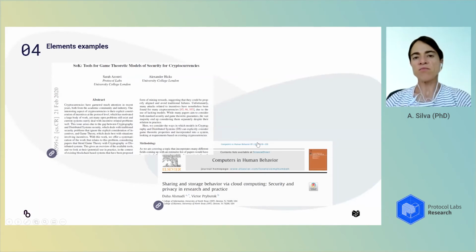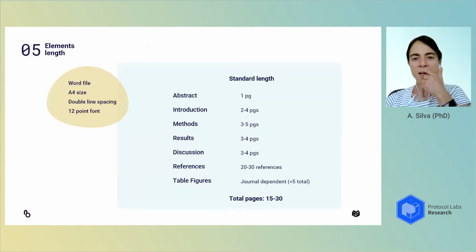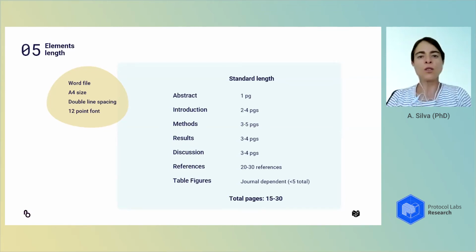They can be slightly different, but they all correspond to the same thing in terms of the type of information. In the next few slides, I'm going to show you what to do with the content in each of those sections. In terms of length, it also depends on the journal.